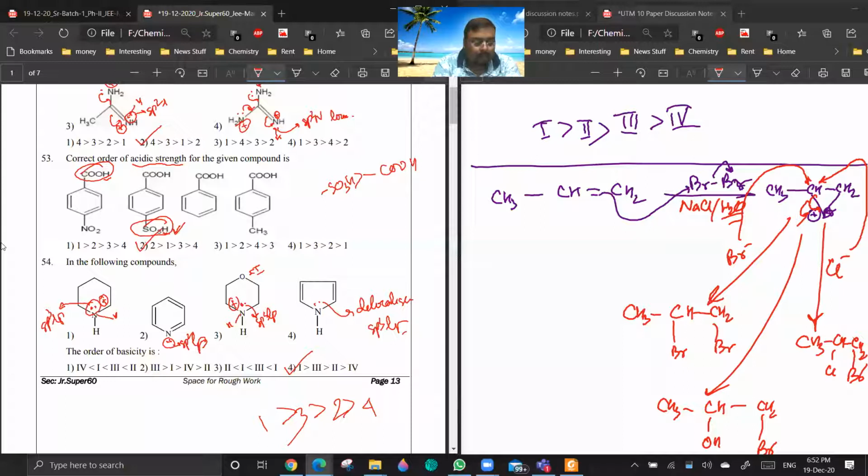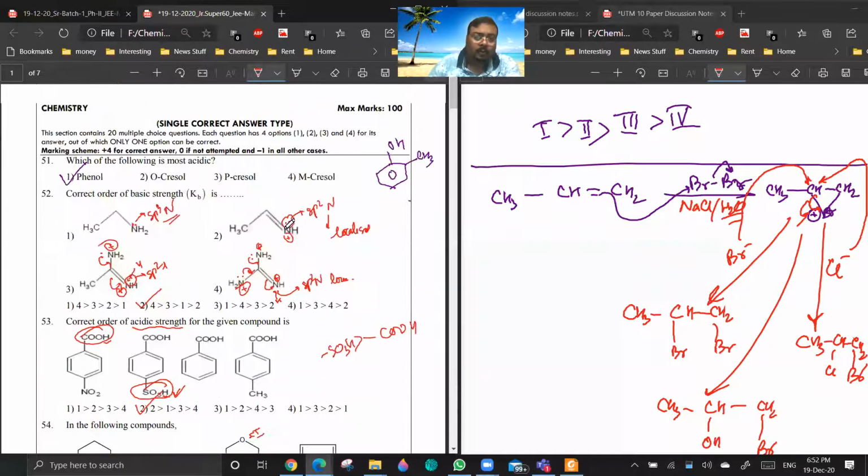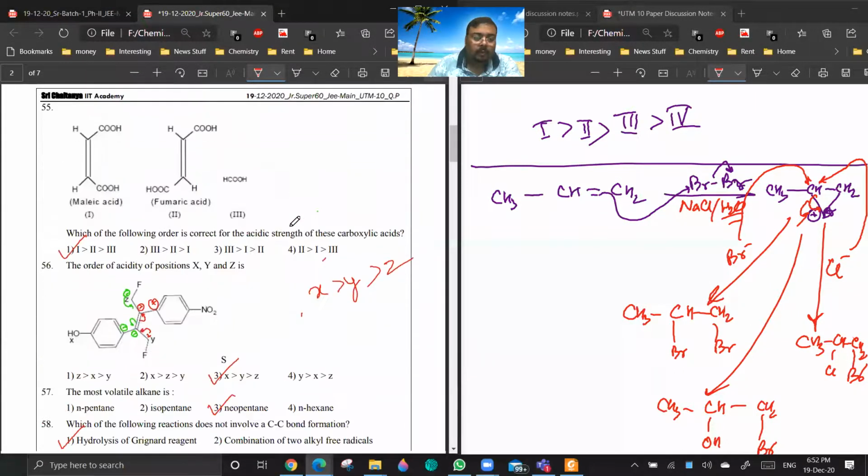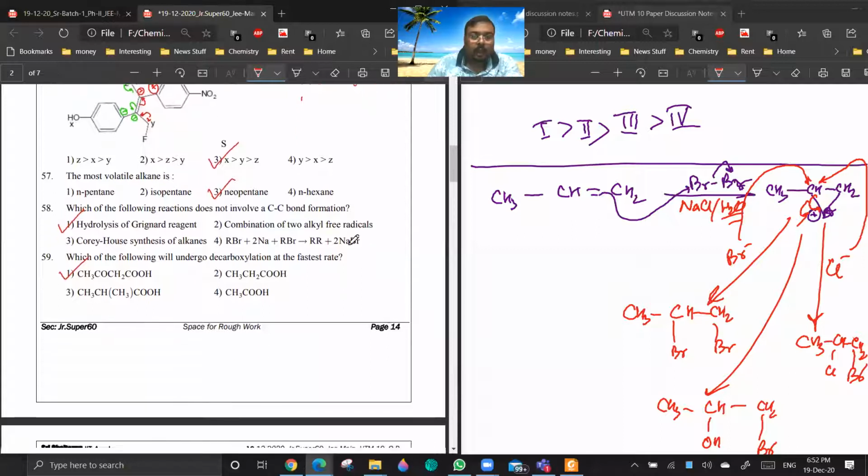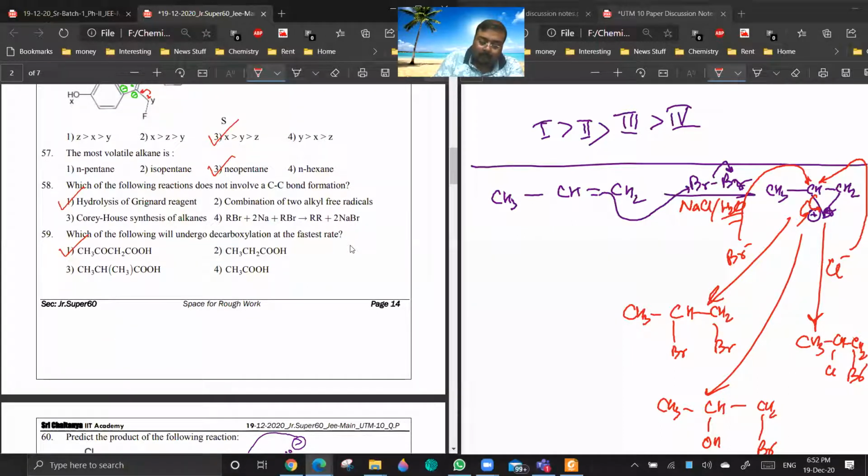Anything else which you feel needs to be discussed? 59. Yeah, rate of decarboxylation is directly proportional to the stability of the negative charge. Put the negative charge by removing this.